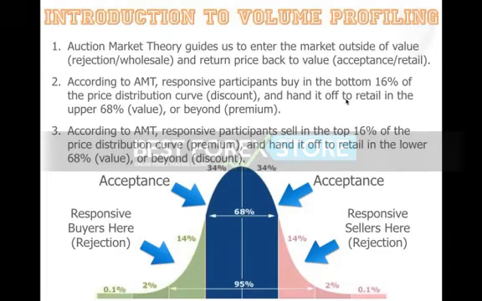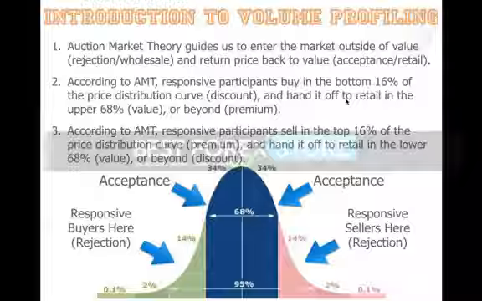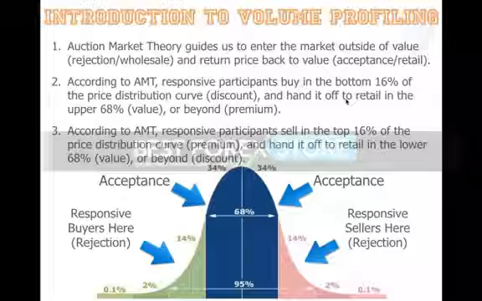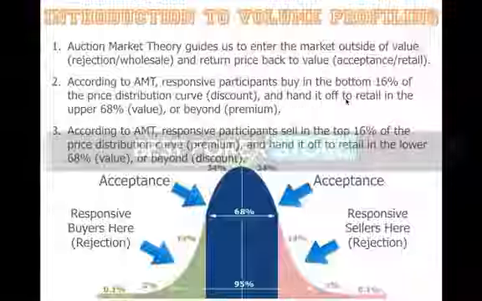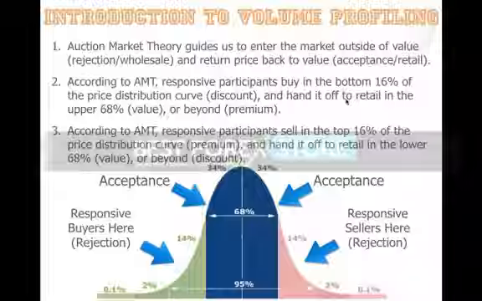So the idea, again, is according to this distribution curve, if you want to buy because you believe the market is going higher, you need to buy in the bottom 16% of the price distribution curve. You need to buy below value, below the value area. And then you return price back to value, and sometimes beyond it into premium territory.